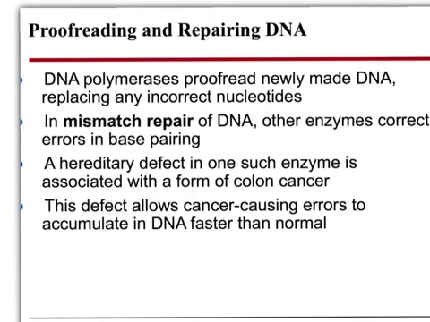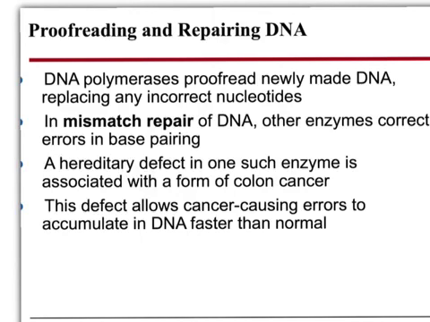DNA polymerase, the enzyme that is responsible for making the DNA template, does make mistakes. Its main role is replicating the DNA template, but it does have other roles. It will recognize that it made a mistake and will correct it.